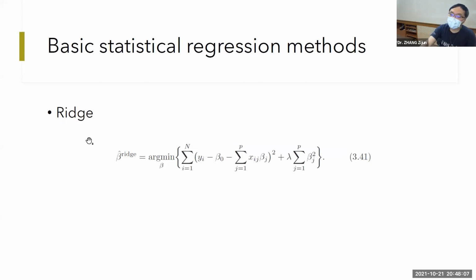And I would like to introduce an interesting variant of linear regression, which is called ridge. Nothing different, but we have an additional penalty term, lambda multiplied by the summation of beta j squared. So what does this mean? This one is the Y hat, okay.